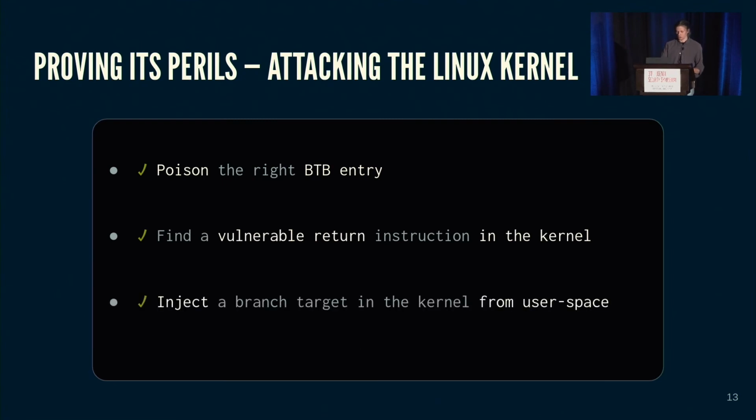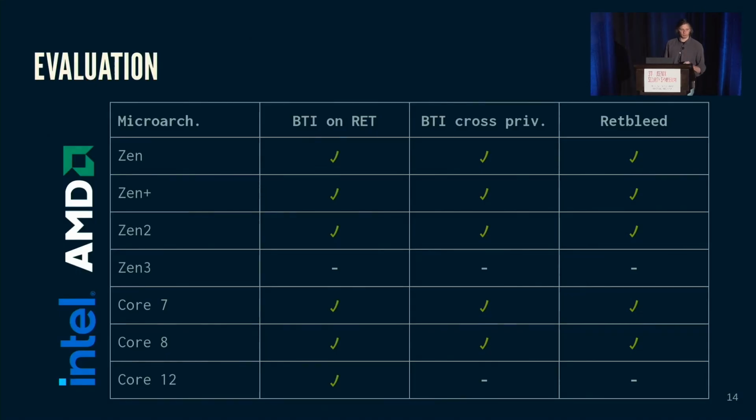requirements, so we can actually evaluate RETBLEED. We did that on some Intel and AMD CPUs, and we can do it on many of the AMD CPUs, however not the Zen 3, and all of the Skylake CPUs are vulnerable. The later ones still have this RSB to BTB fallback, but they are protected by enhanced IBRS.